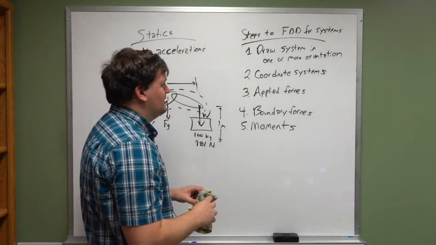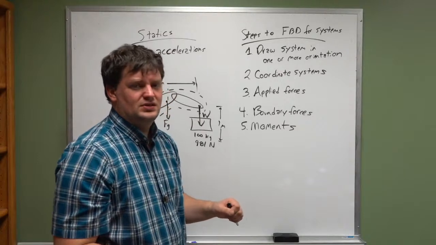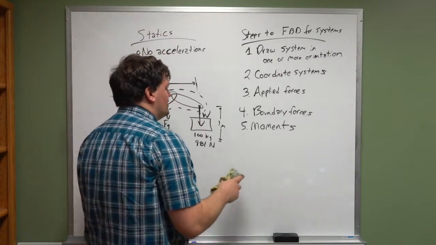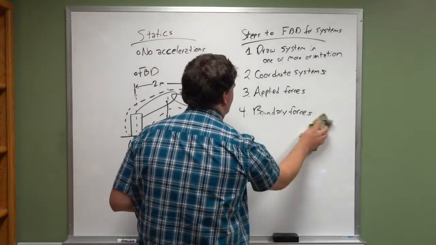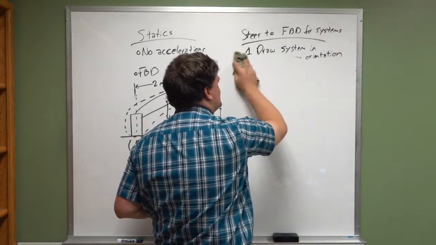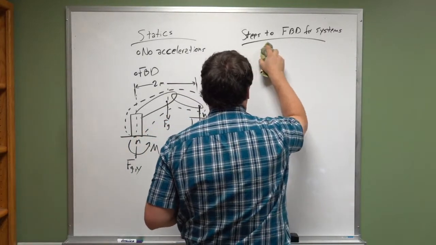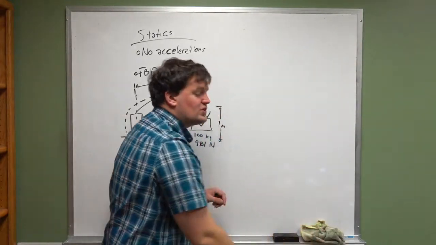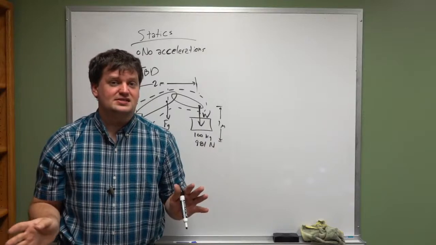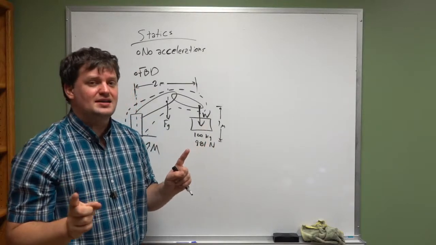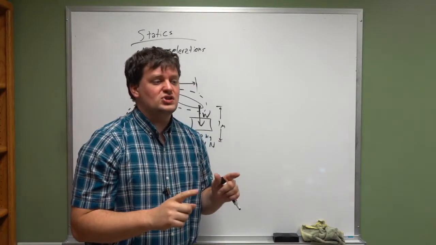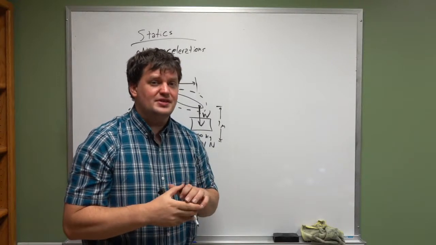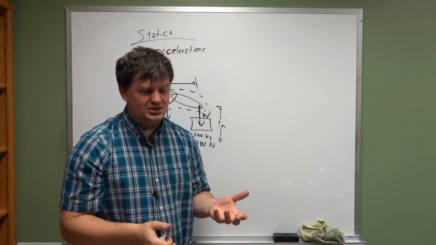So what about components? Well, if we're going to talk about free body diagrams for components, it does change a little bit. Because free body diagrams for systems are fairly straightforward. We're used to doing that in statics. But as we talked about in class last week, when it starts getting down to the component level, things get a lot uglier.